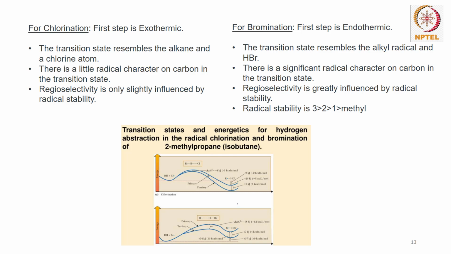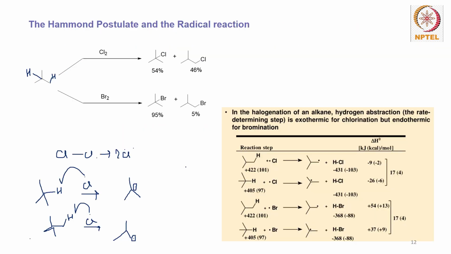Therefore, the selectivity is not that high in case of chlorination reaction. We all know that the 3 degree radical is always more stable than the 1 degree radical.